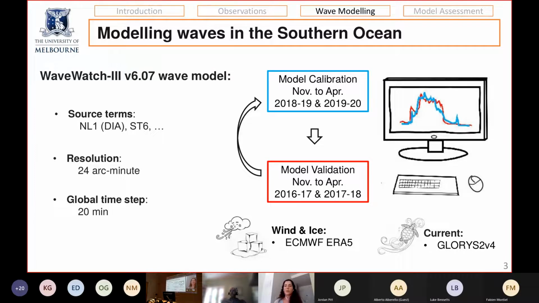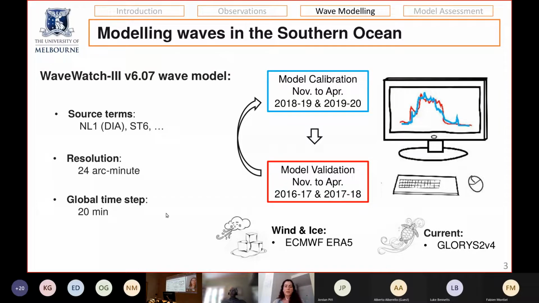What we used was the WaveWatch III wave model, which is a spectral third-generation wave model based on a numerical solution of the wave action balance equation, in which wave evolution is controlled by the sum of source terms that describe the physical processes.